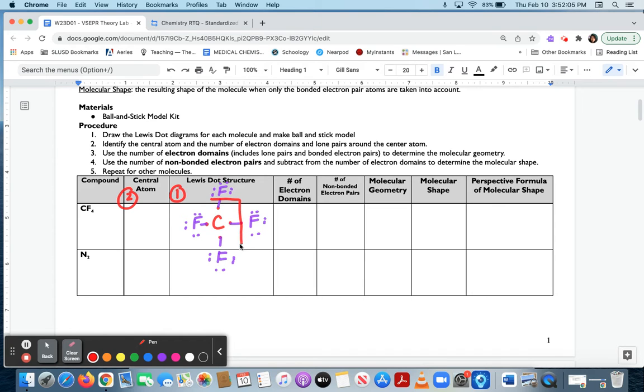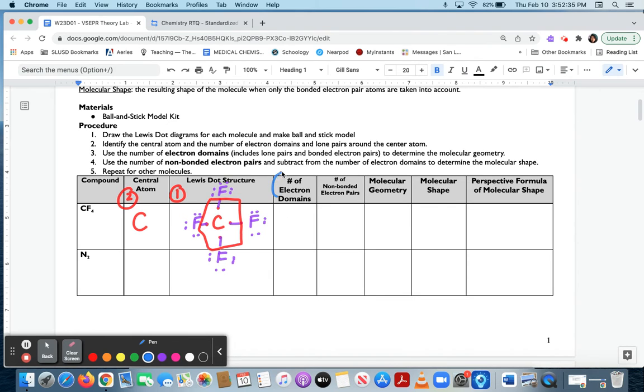So here, the central atom is just the atom in the center. So if I box this, C is my central atom. I'm going to pay attention to everything on the top and bottom and left and right of C or carbon. Mainly what I'm paying attention to is how the electrons are arranged around C. So electron domains essentially refer to how the electrons are arranged around carbon.